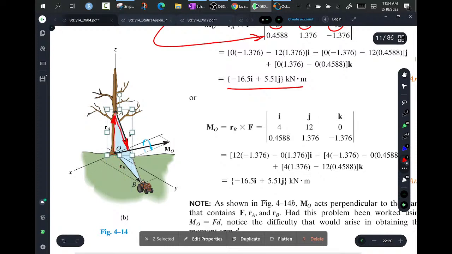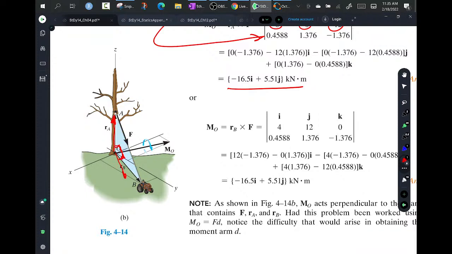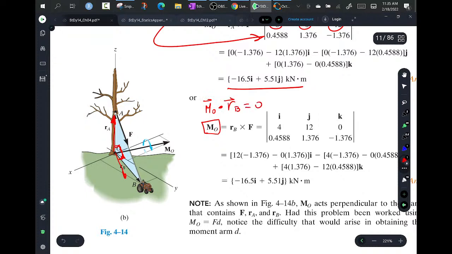Anyway, in other words, this F vector is perpendicular. These two vectors are perpendicular. In other words, the resulting moment, if you want to be able to check, has to be equal to 0.